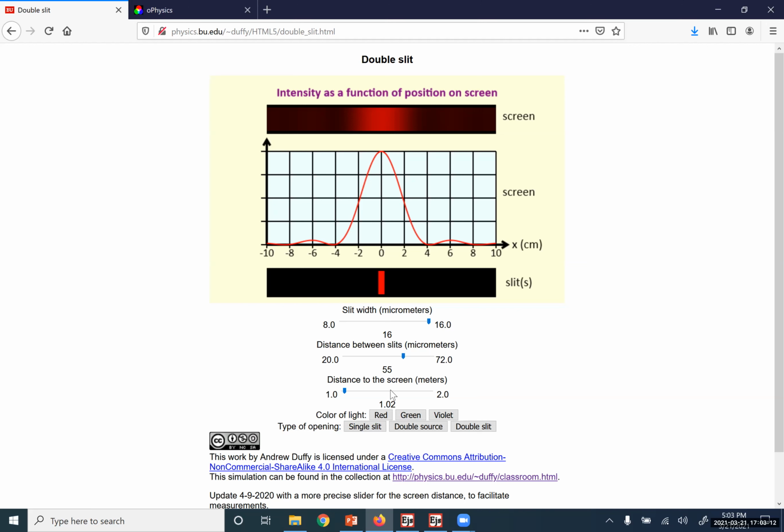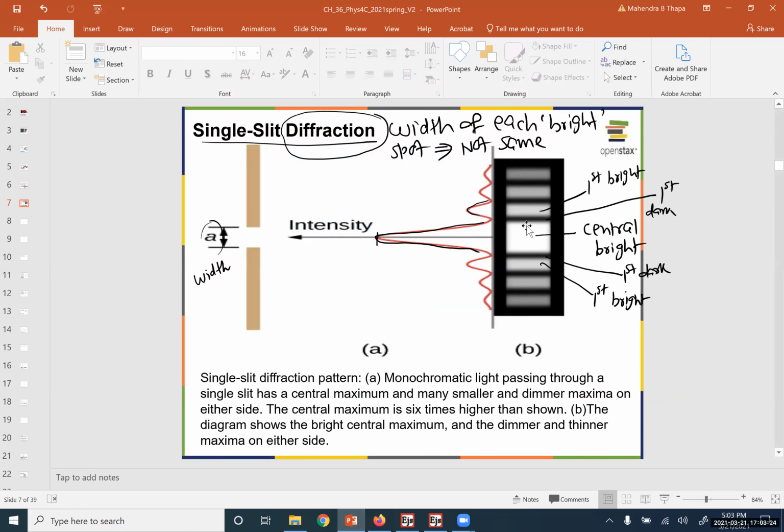If I change the distance between screen and the source, it also changes. So this means the width of the center bright and first bright also depends on the distance between source and screen.